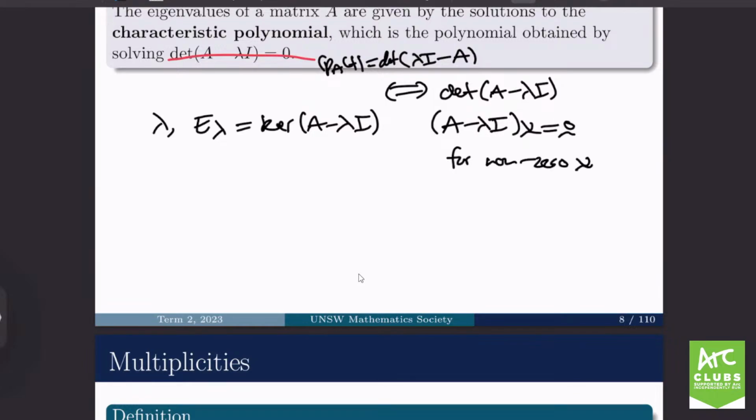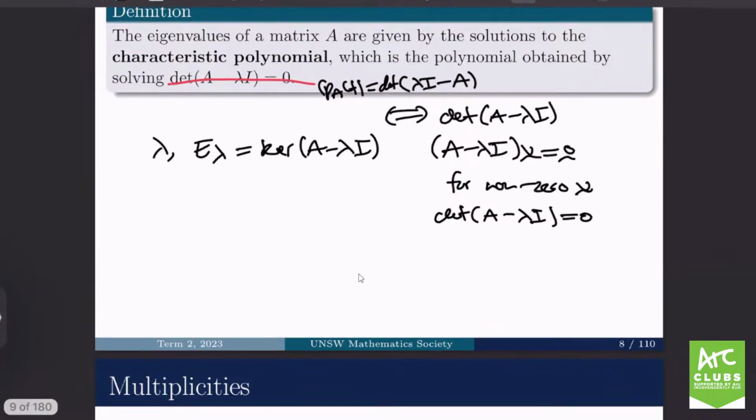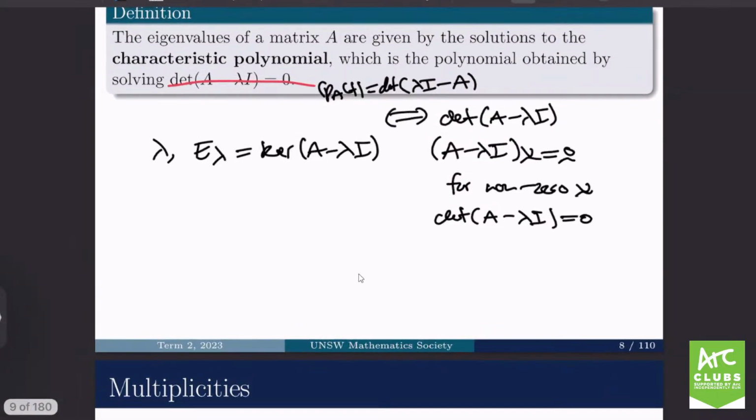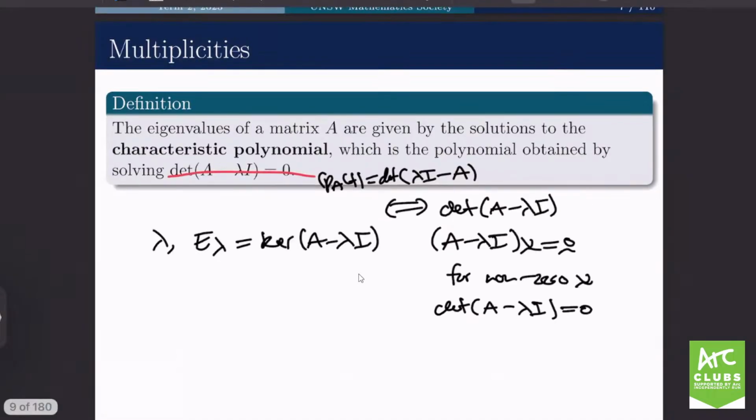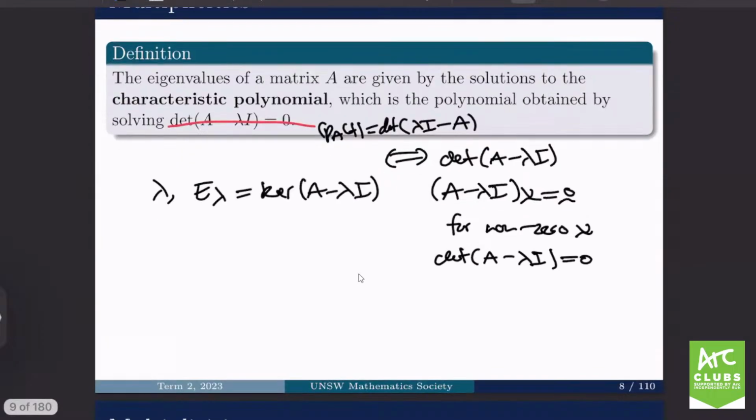That means that A minus lambda I can't be invertible, so we need its determinant to be equal to 0, sorry. So actually solving for an eigenvalue is equivalent to solving this. Now, this determinant will give us a degree n polynomial. So essentially the eigenvalues of a matrix A are the solutions to this characteristic polynomial.